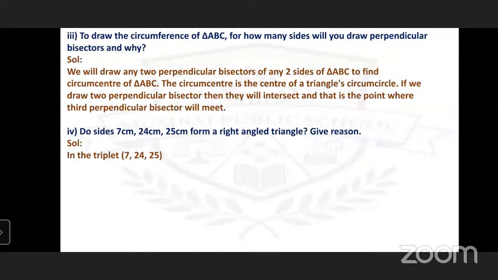Okay. Then we find their squares. So the square of 7 is 49, of 24 is 576, and of 25 is 625.